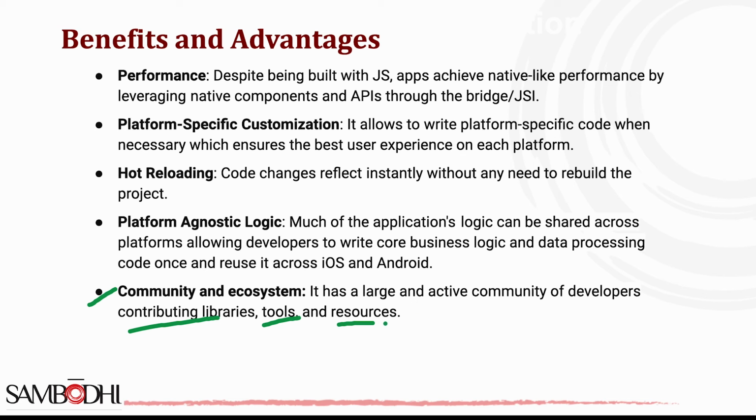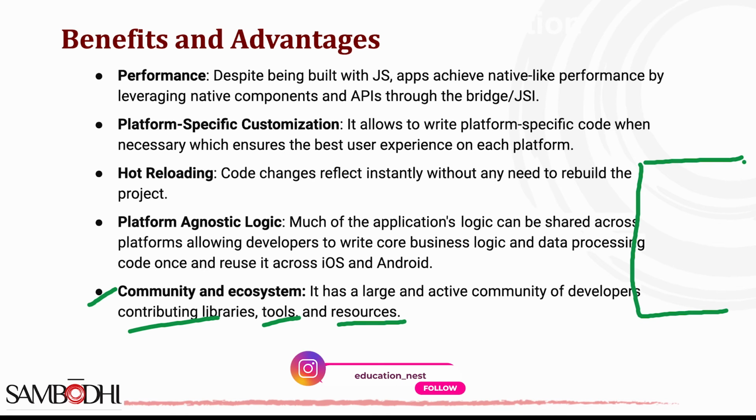Along with these problems and answers to these problems, there are various libraries and resources available due to this large community. For example, suppose you are developing an application and you require to build a carousel that displays certain products.